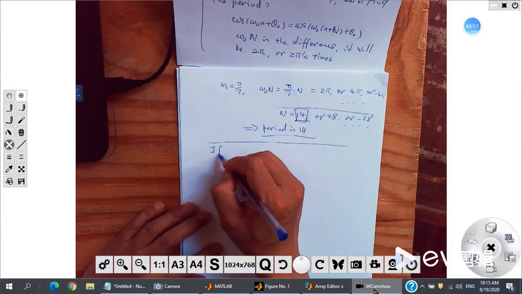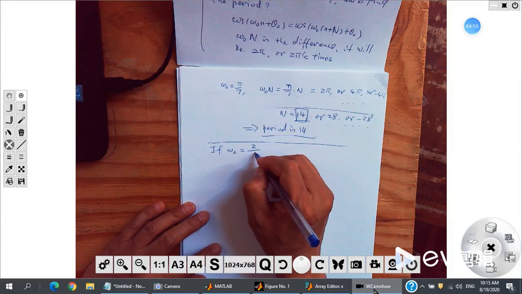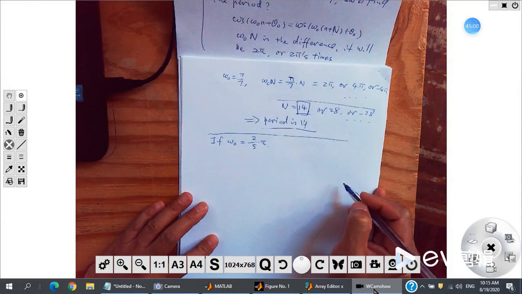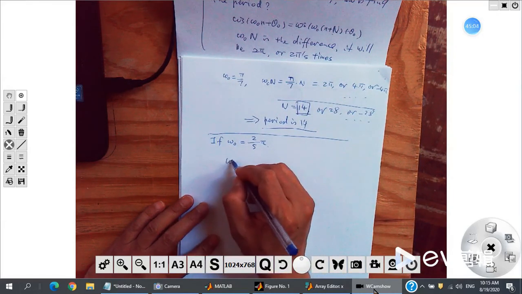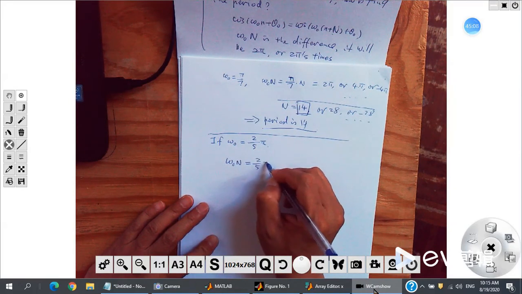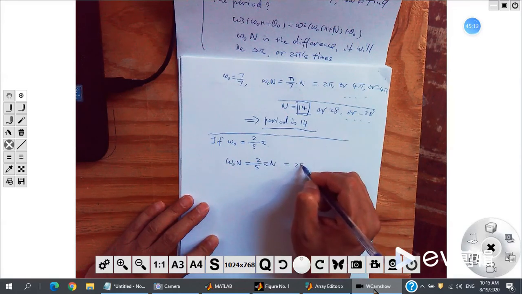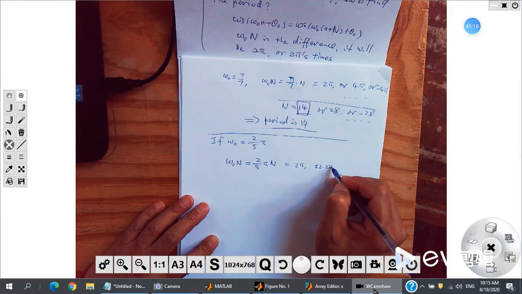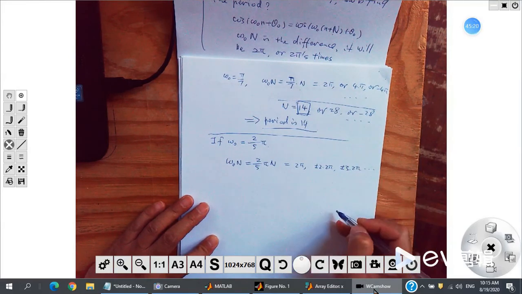If omega 0 is 2 over 5 pi, what will the period be? Similar thing. We want omega 0 times n, which is 2 over 5 pi times n, to equal 2 pi, or positive or negative 2 times 2 pi, positive or negative 3 times 2 pi, and so on, right?